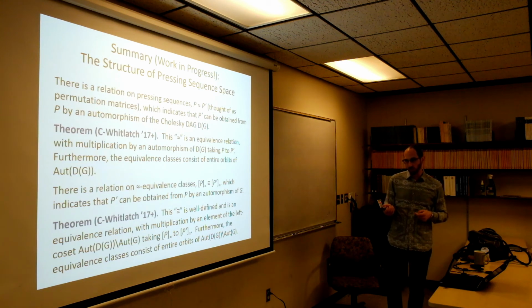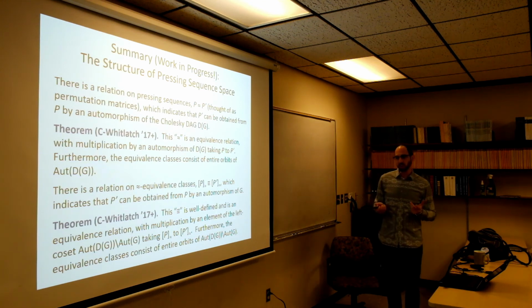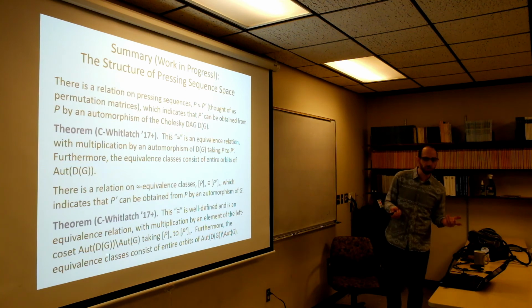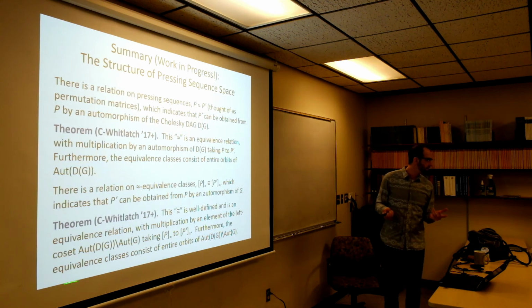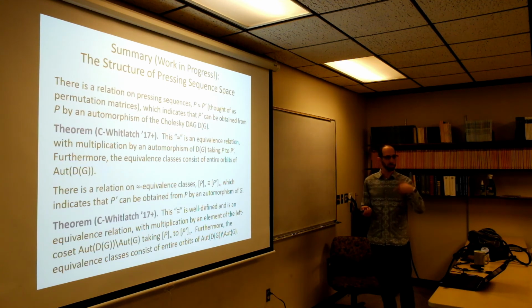It's an equivalence relation. And how do you get from one of these equivalence classes to another? It's multiplication by a left coset of the automorphism group of the DAG in the automorphism group of the graph. And furthermore, everything that you get by multiplying by one of these cosets is actually one of these equivalence classes, so you don't miss out on any.